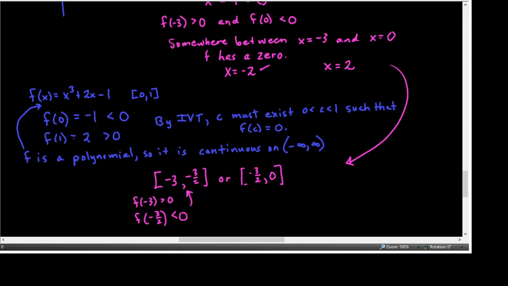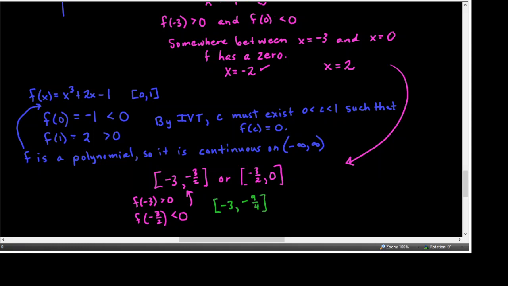So now take that as a given interval where one answer is positive, the other one's negative, and bisect it. So go from -3 to the average of -3 and -3 halves. To recall, the average is the sum -3 plus -3 halves divided by 2, which is -9/4.